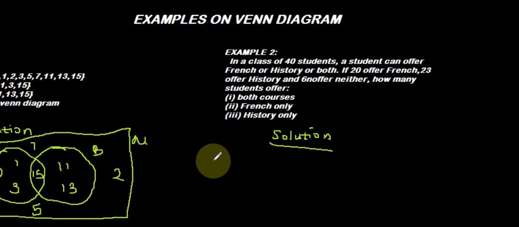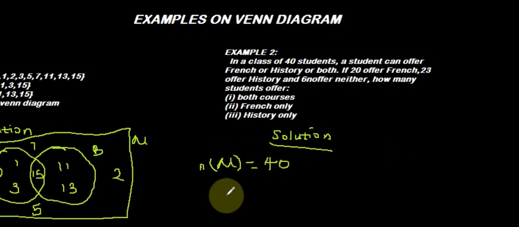Now we have to look at the number of people offering here. Remember cardinality. Our universal set, the number of people offering everything in the class, we have 40. Now they said 20 offer French.